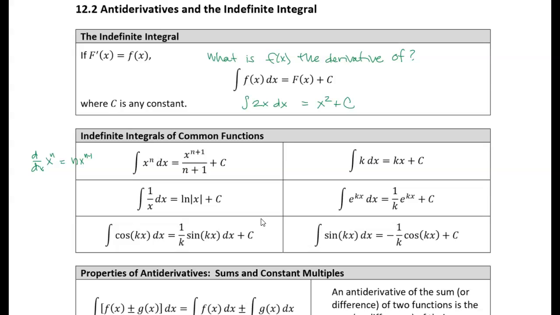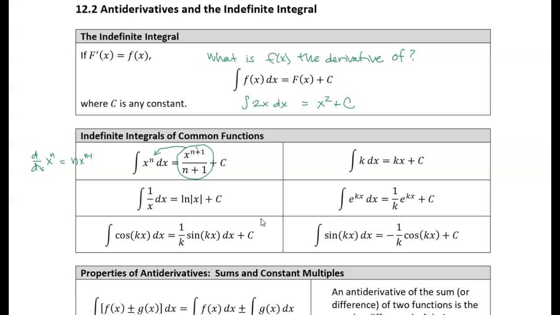Okay, and if you're computing antiderivatives with indefinite integrals, you can always check your work, because if you take the derivative of your result, you should get the original function. I can do that with the power rule. If I took the derivative of that, I'd get 1 over n plus 1 times n plus 1 times x to the n plus 1 minus 1, and you end up with x to the n.